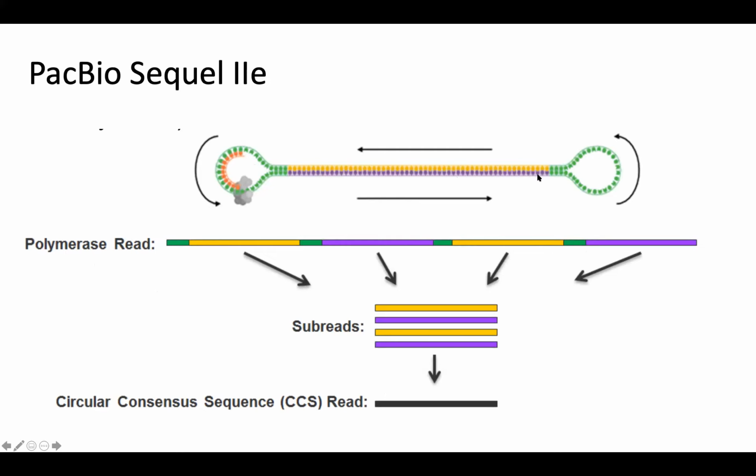But the way that it deals with error and improves it is by taking your fragments of nucleic acid that you want to have sequenced, and they can be very long fragments, sticking hairpins on the end of these fragments, and then the sequencing method, which is an enzymatic reaction, will pass through the loop.